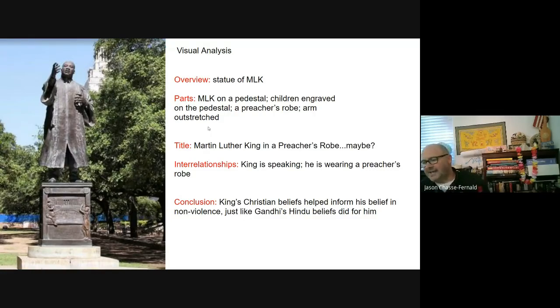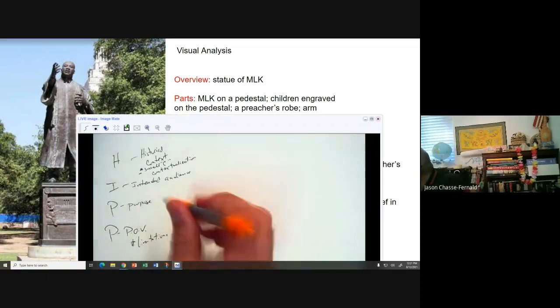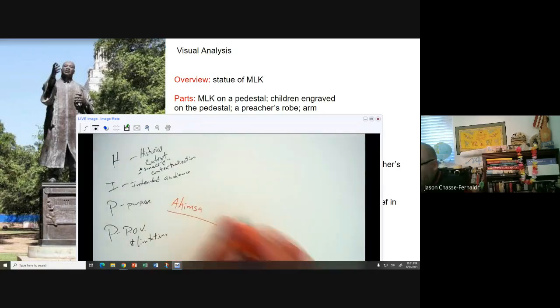Or you could also connect this to how Dr. King was influenced by Gandhi. Gandhi was often seen wearing traditional Hindu robes and Hindu clothing. Gandhi was influenced by the Hindu concept of ahimsa, right? So let me pop that up there because I threw that up on the board in class. We talk about Gandhi, A-H-I-M-S-A, okay?